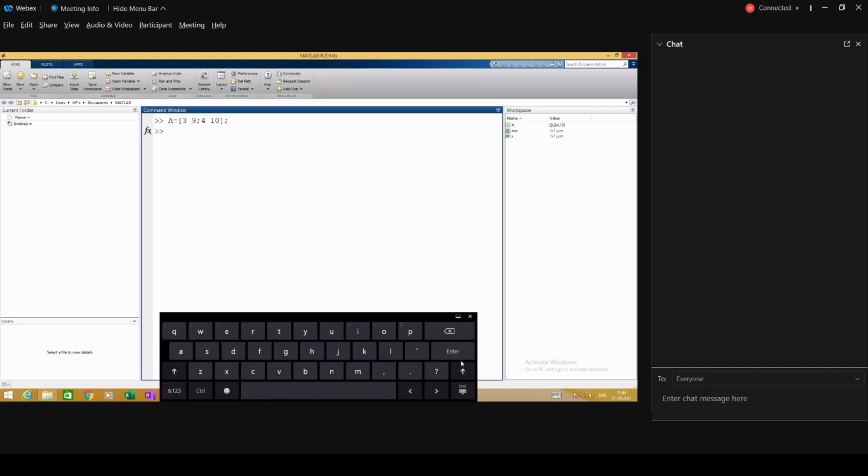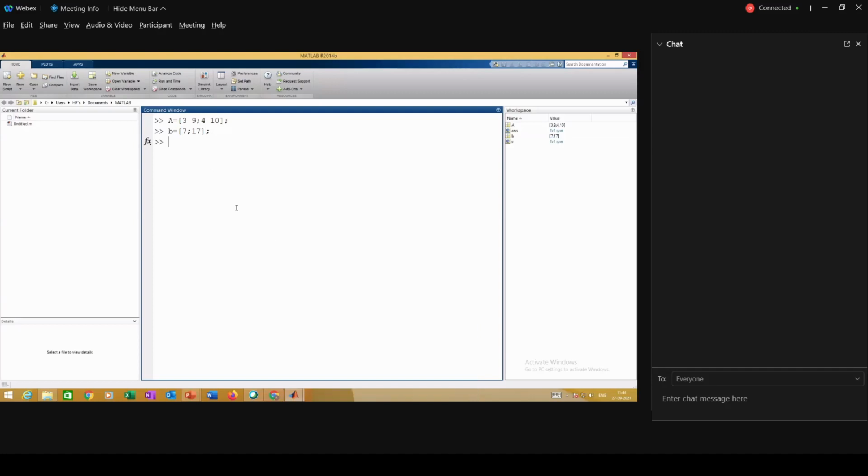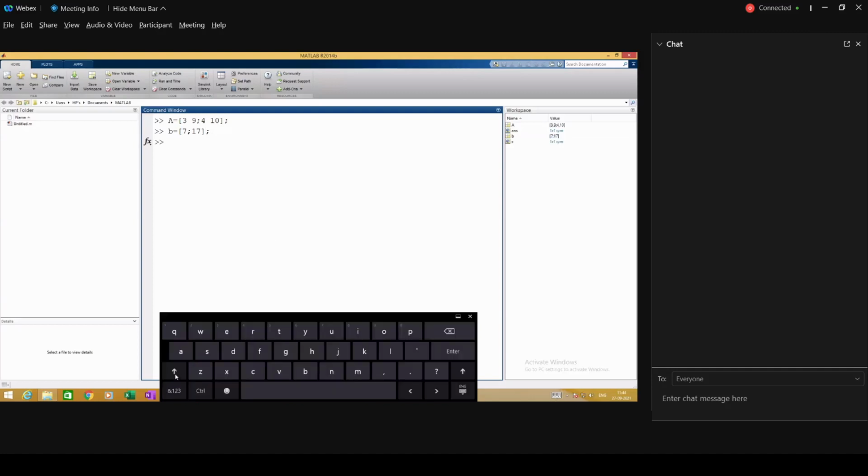I define matrix A, then I can define matrix B as 7 and 70. Now if I want to solve it to get X, I can write capital X equal to, and I know for finding the inverse, I can write INV of A, times B.